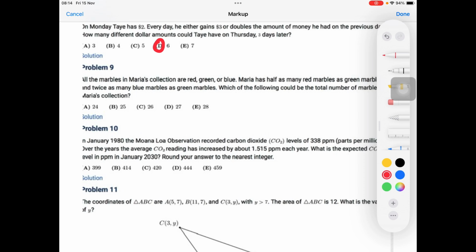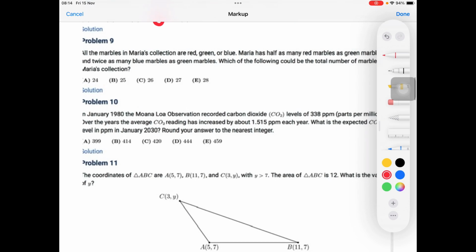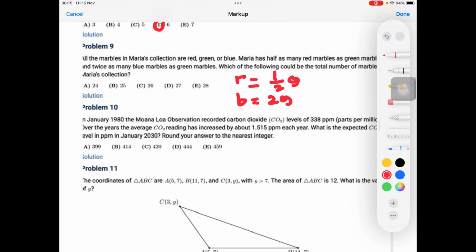All the marbles in Maria's collection are red, green, blue. Half as many red marbles as green marbles. So red is half of green. And twice as many blue marbles as green marbles. So blue is 2 green. Total number of marbles in Maria's collection.